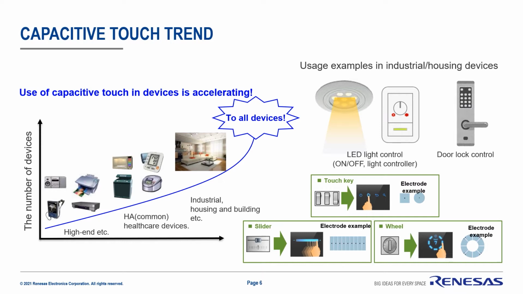For lighting control, door opening, washing machine interfaces, ovens, all these appliances now have this kind of interface. Capacitive touch consists of a design of touch keys, buttons, sliders, or wheels in order to control the HMI.